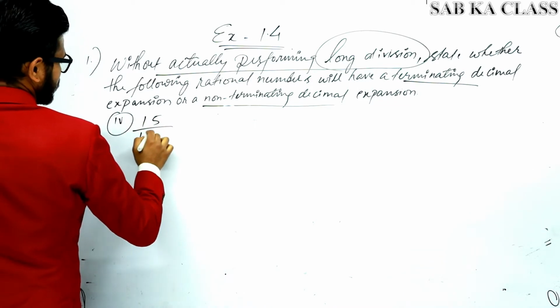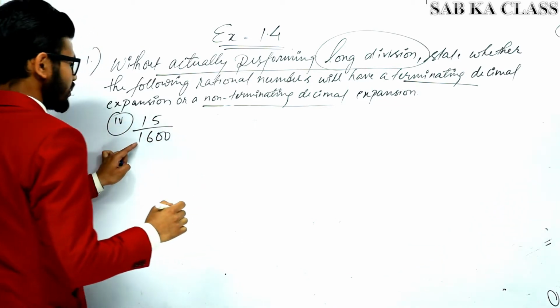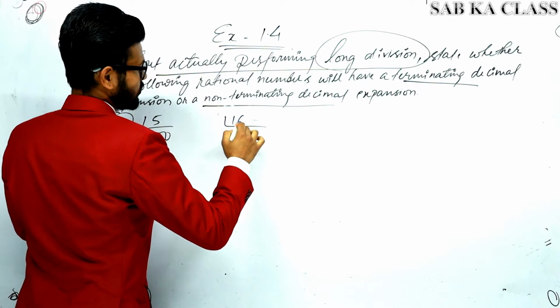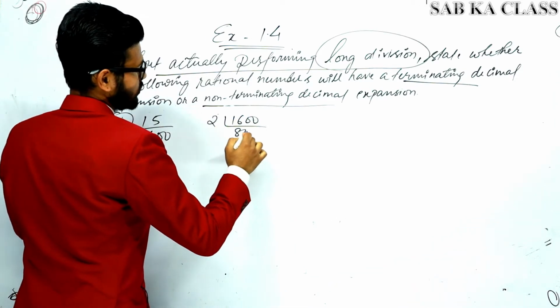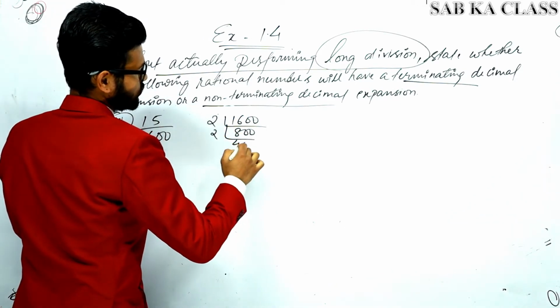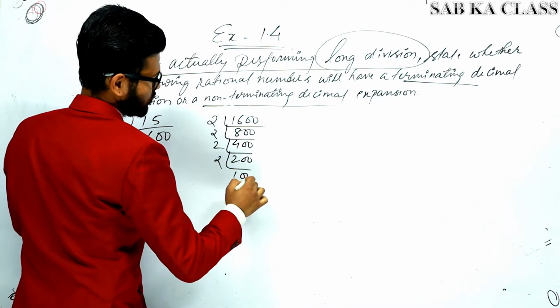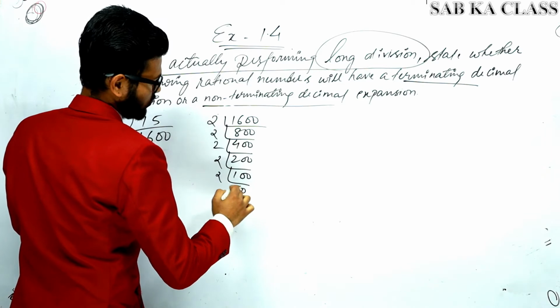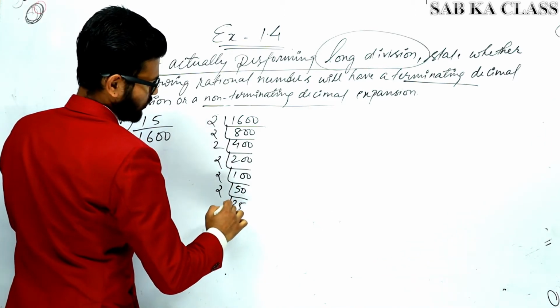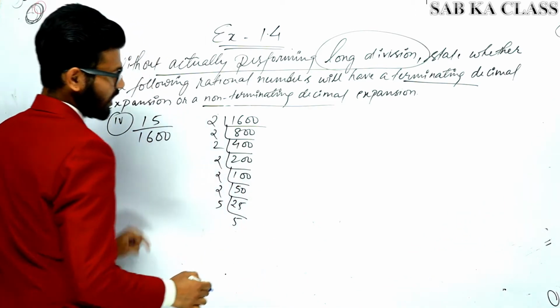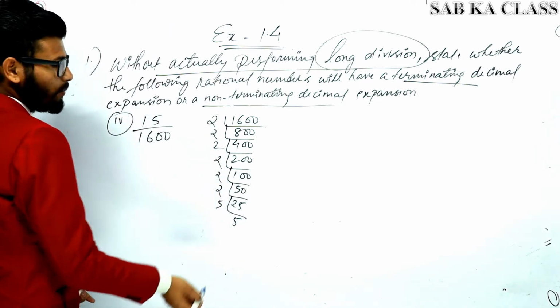If we factorize the denominator here, 1600, 800, 400, 200, 100, 50, 25 and 5, you can see only 2 and 5 are present.